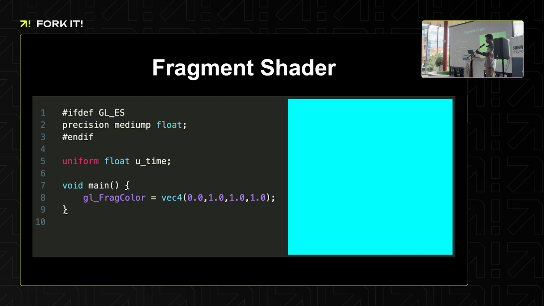The color that we put here is the color that is going to be shown on the screen. As you can see, we now have this blue color, which is the result of the values that we have, 0, 1.0, 1.0, 1.0. Of course, we have a solid color. All the pixels have the same color in this shader, so that's why we have the same color. Later we can see how we are going to manipulate these colors depending on the position of the pixel.